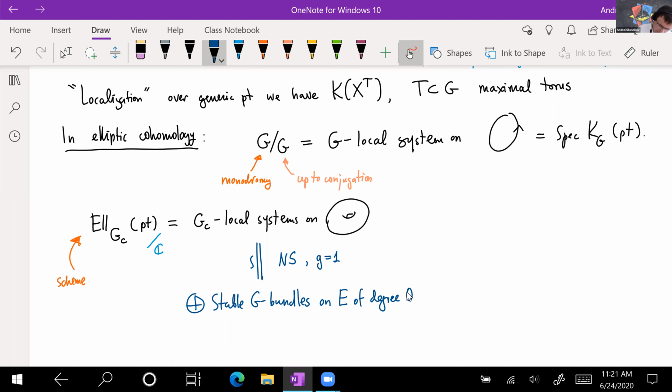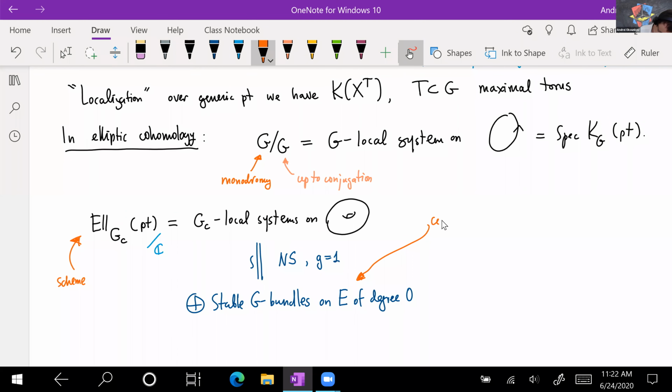And now this is a complex elliptic curve. It's a dual abelian variety, but for various compatibilities, it's better to put a check here, because then you'll see it.